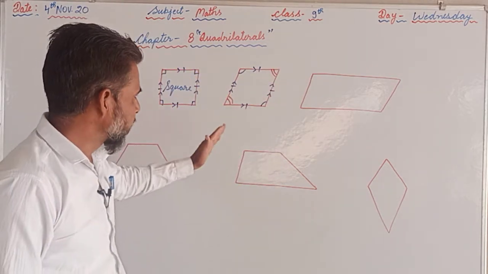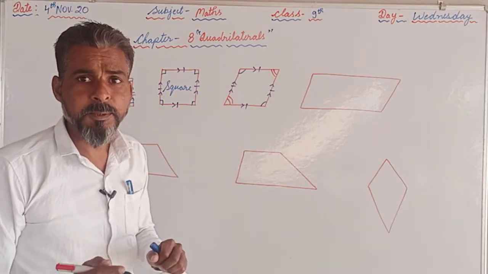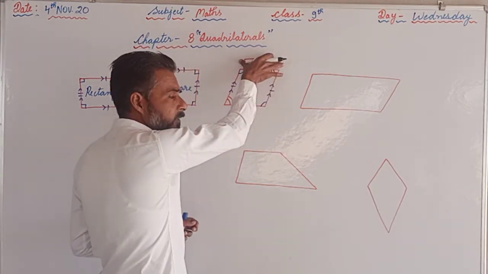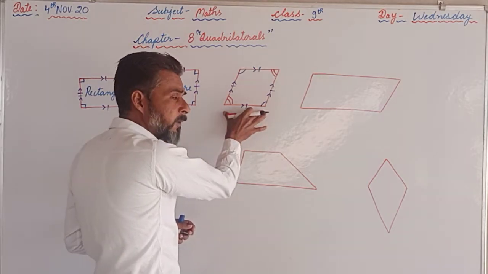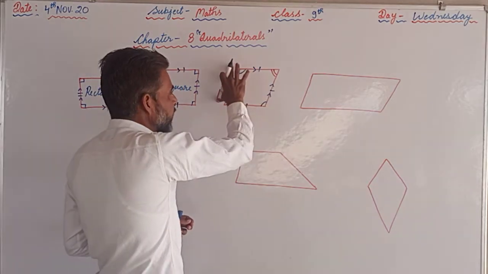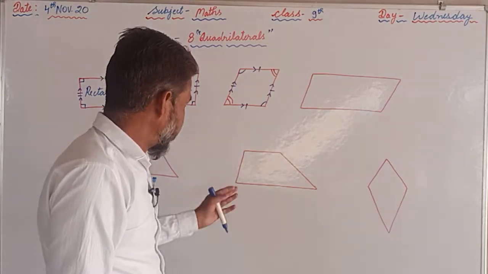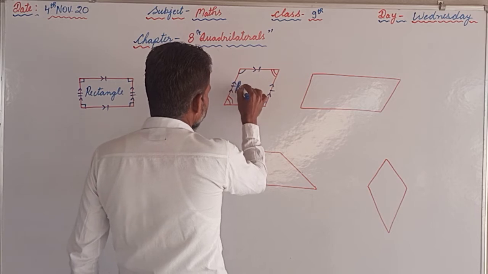So the opposite angles will be equal, and the sum of the adjacent angle will be 180. Adjacent means this angle and this angle. The sum of these two angles will be 180, sum of these two angles will be 180, and sum of these two angles will be 180. At the same time, if we add these two angles, that will also sum up to 180. So this is the rhombus.